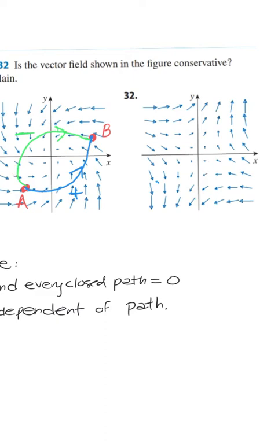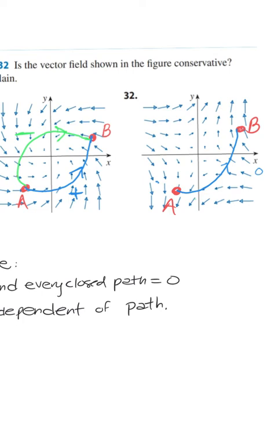Whereas over here, any 2 points, take any path. Okay, what do I think about that one? I'm going against the flow, now perpendicular to the flow, now kind of with the flow. So I'm not sure what that is. That might be around 0.